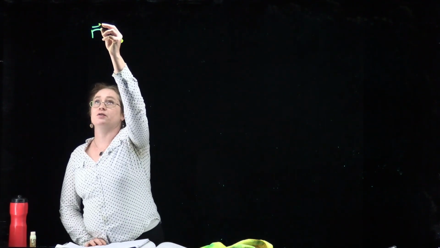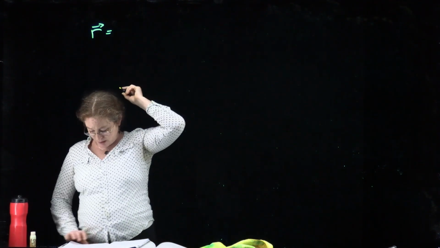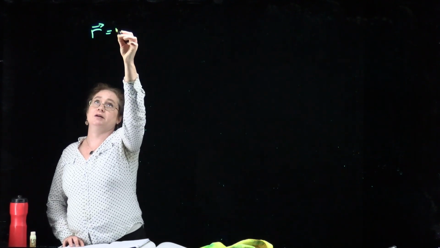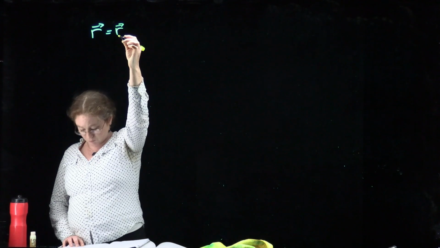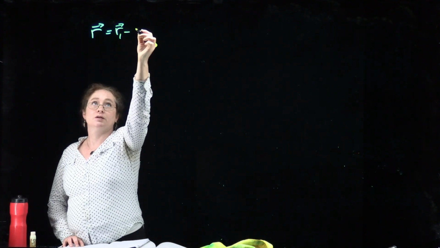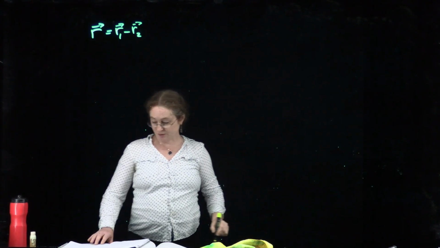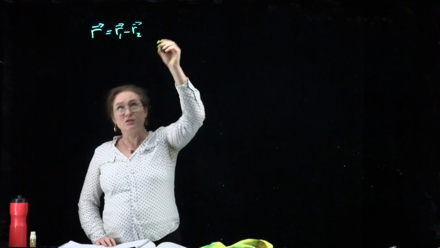So we often would rather use the center of mass frame. In the center of mass frame of the projectile and the target, the position of the projectile is just the difference in the positions of the two.